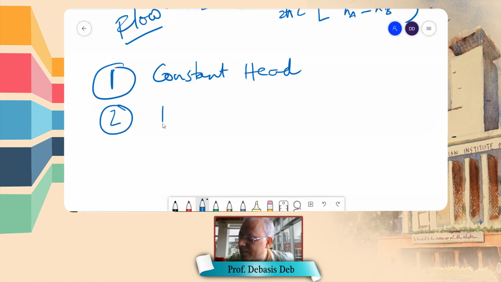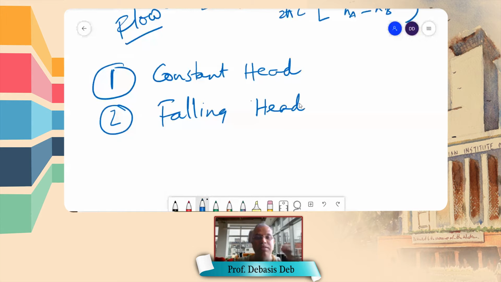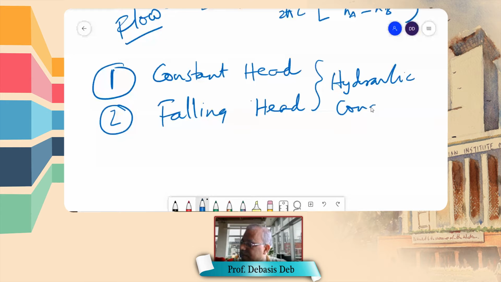And number two is falling head. For finding out hydraulic conductivity.